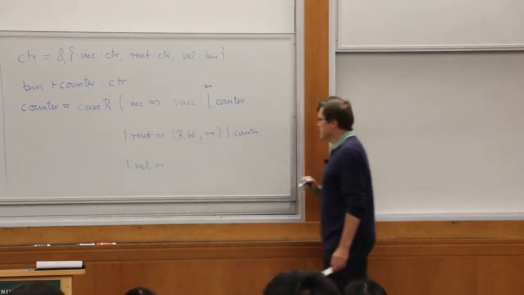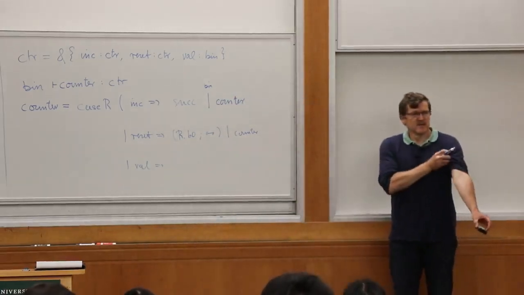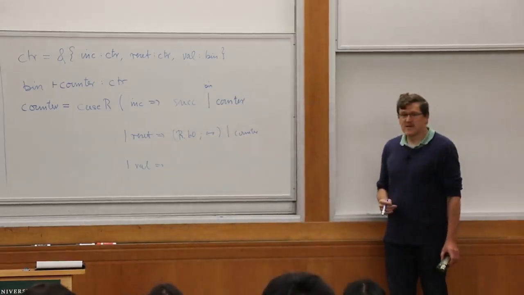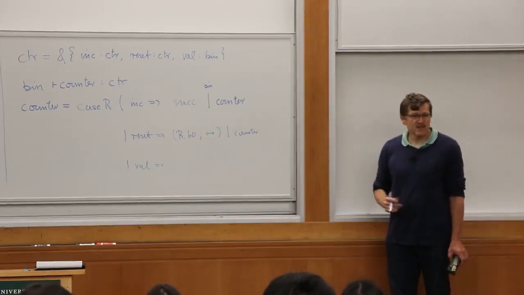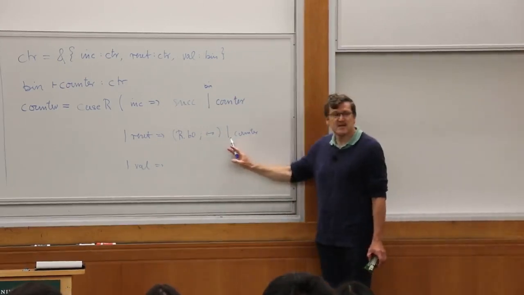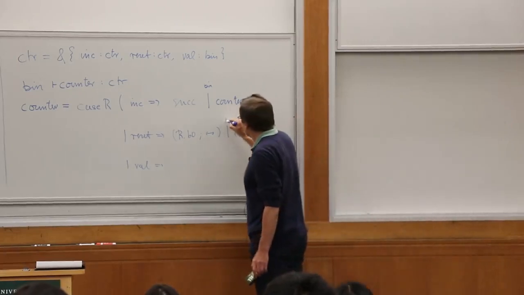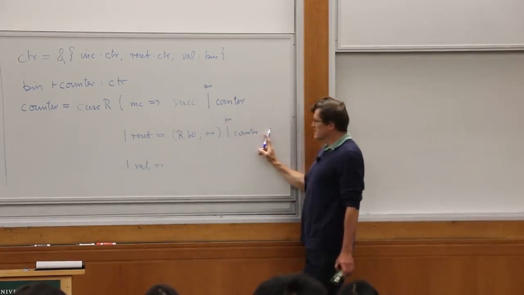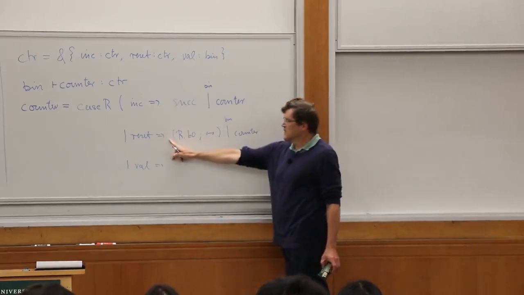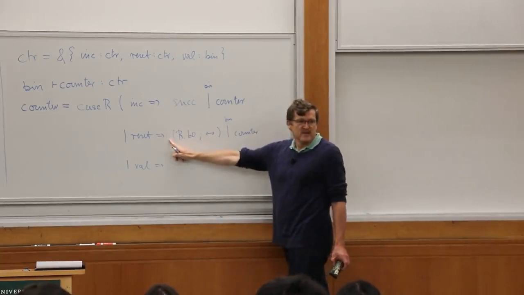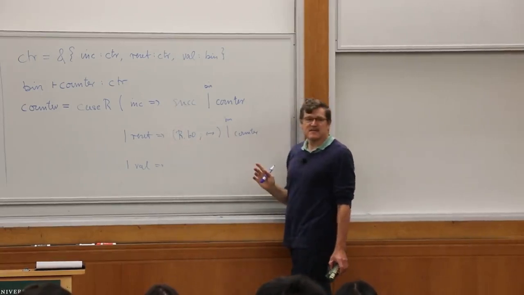Okay, so this will not pass the type checker. Okay, you guys are the type checkers, why not? Well, let's first look at the interface type. What would be the interface type here? Bin, okay. What would be the type here? Counter. What would be the type here? Bin. Okay, so it looks like a type check, but it doesn't.